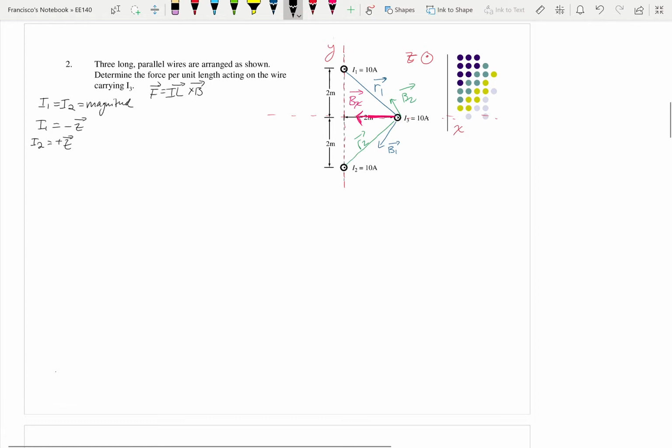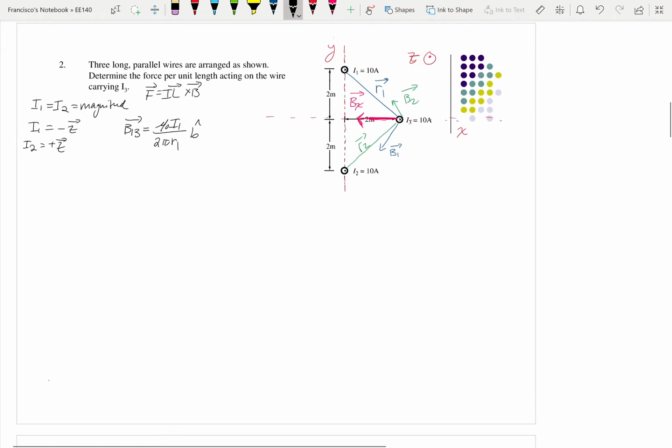Okay, let's look at the magnetic field acting on the wire carrying I3 due to I1. These are three long wires, so we could use Ampere's law. It should be called R1. Let's call this small b the unit vector in the direction of B1. So let's put the direction here so we won't get confused.